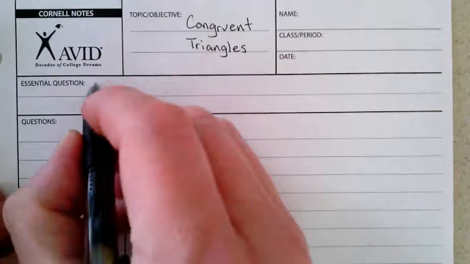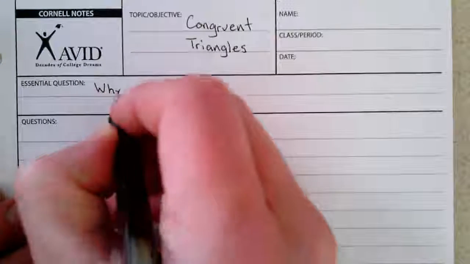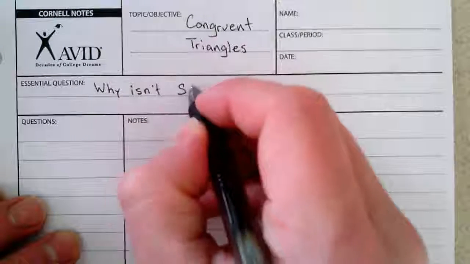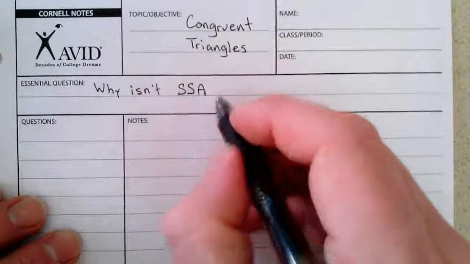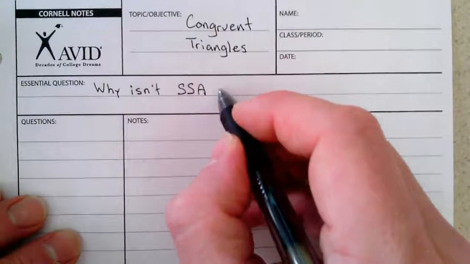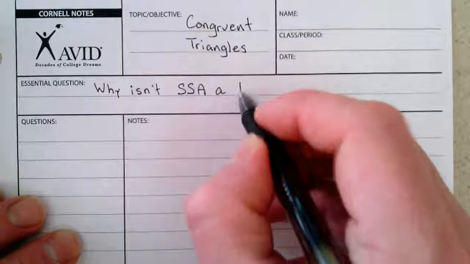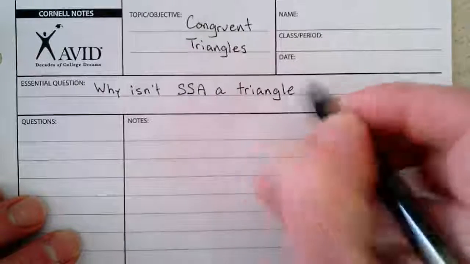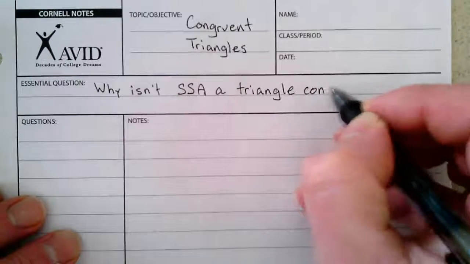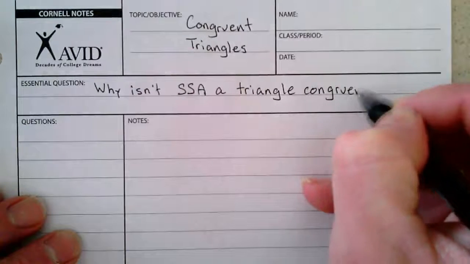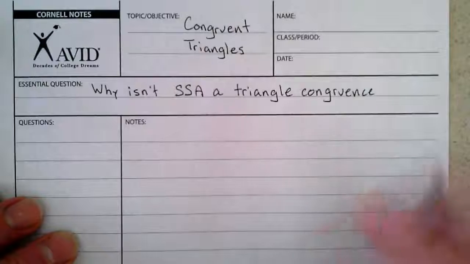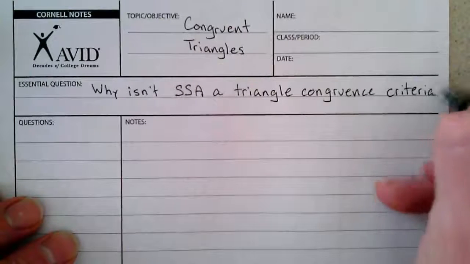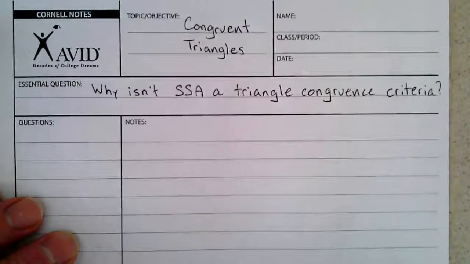We're going to ask, why isn't side-side angle a triangle congruence criteria?